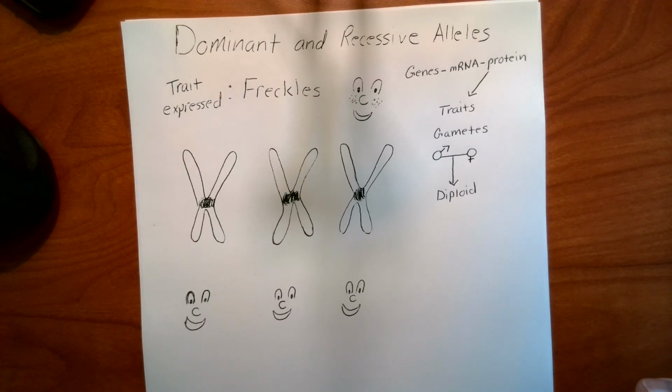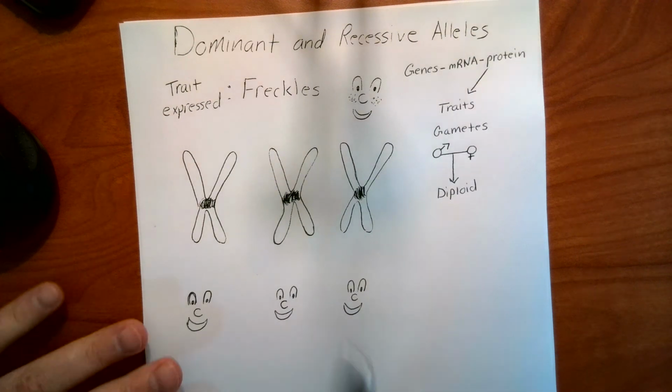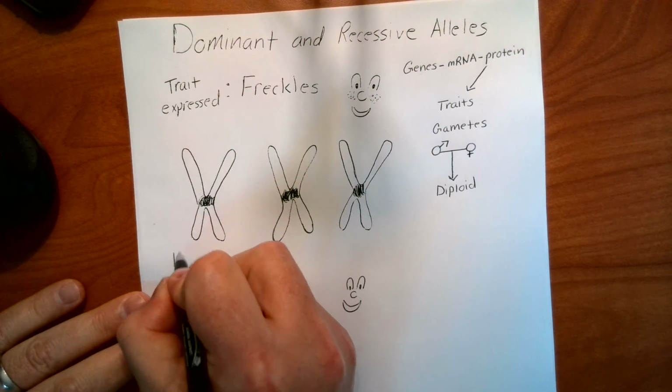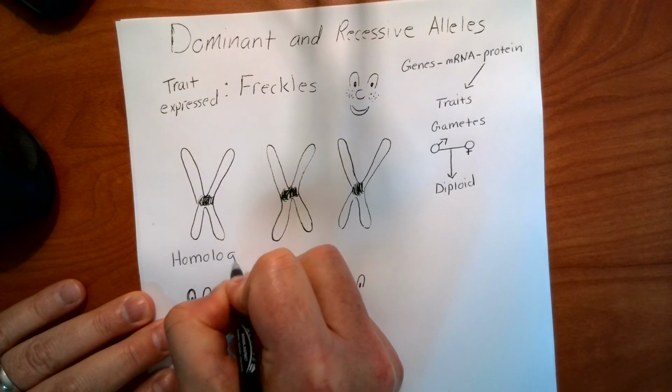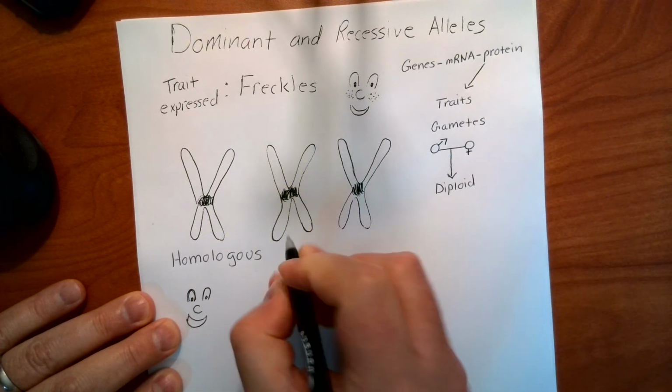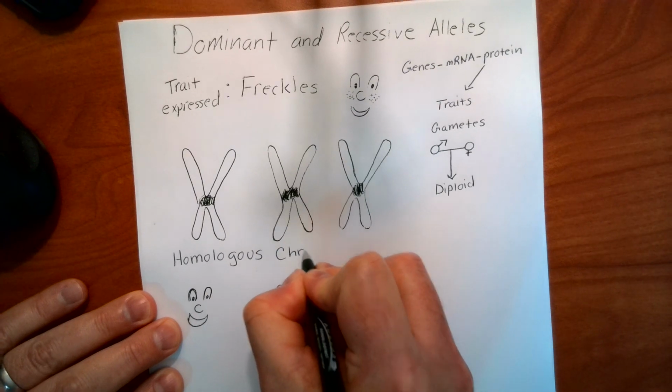And these genes are on what are called homologous chromosomes. And so that's a kind of a big word, so let's write it down. So we got these homologous chromosomes.